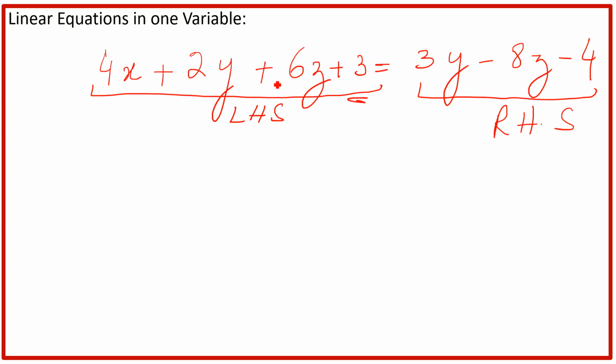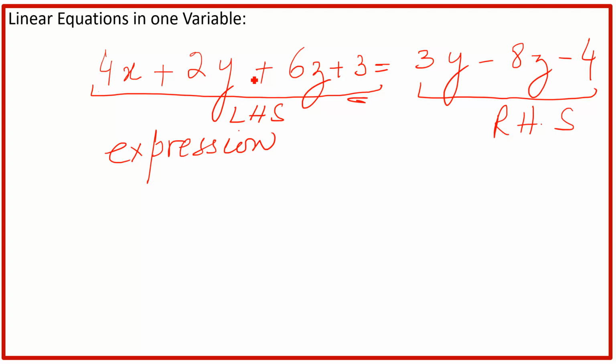On the left hand side, we have 4x plus 2y plus 6z plus 3. All together, this is called an expression, the expression of the left hand side. And this is also an expression, the expression of the right hand side, 3y minus 8z minus 4.